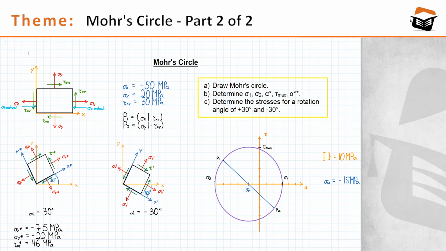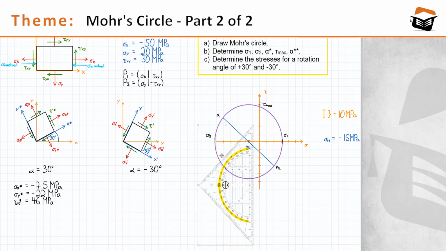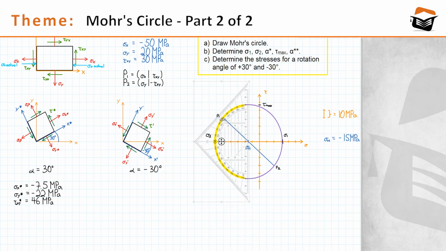I will again use my on-screen protractor. I will place it so that 0 is right on sigma m.